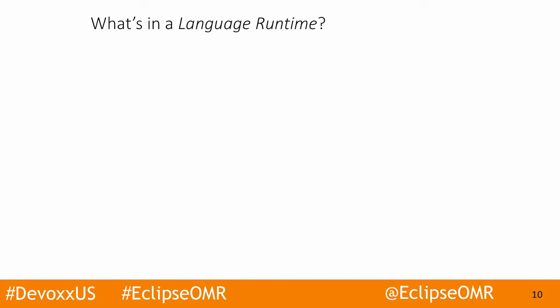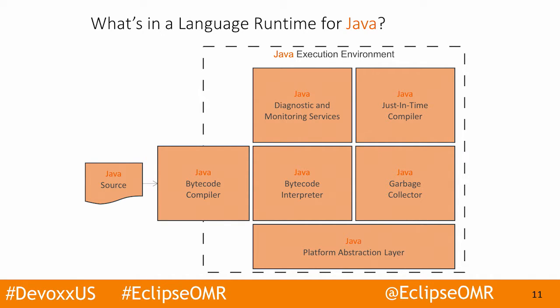So a bit of background on where this came from and why it's come to be. When we talk about language runtimes, we really want to understand what the different parts are that make up a typical language runtime. And if we focus on something like Java, for example, a typical Java execution environment really looks something like this from a very high level, if you look at all the pieces.